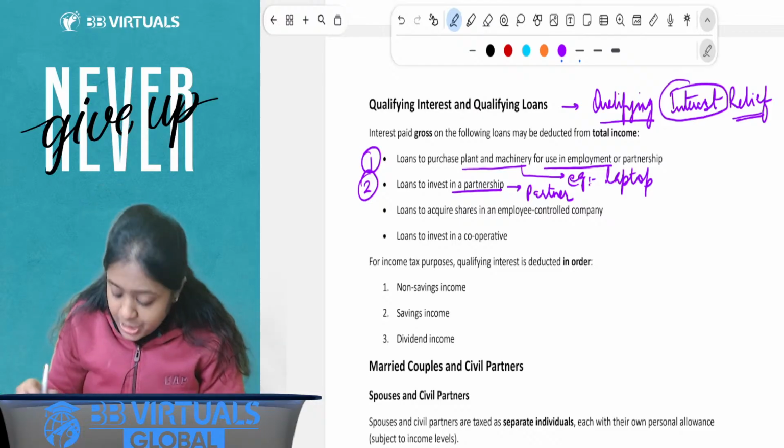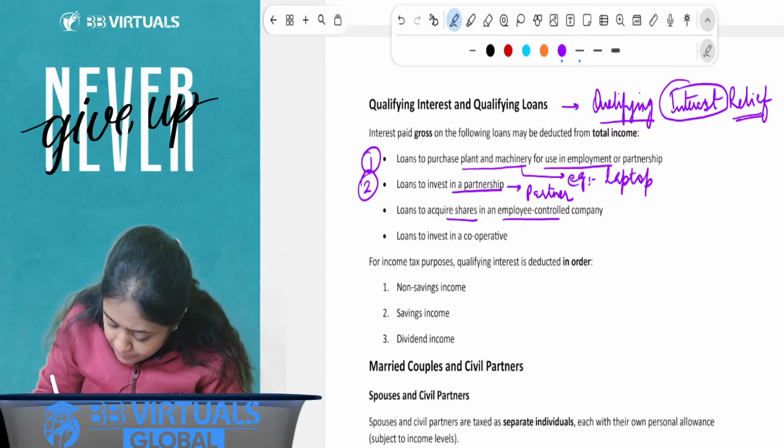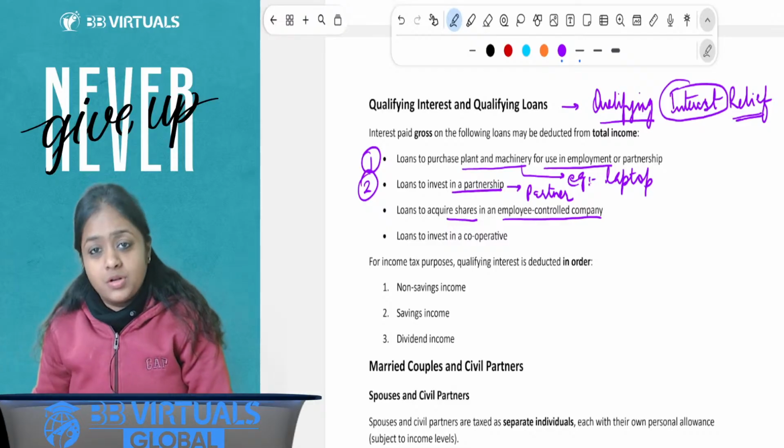Number three, loans to acquire shares in an employee controlled company. What is an employee controlled company? Let me explain.